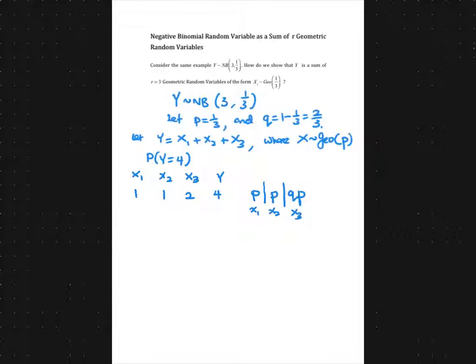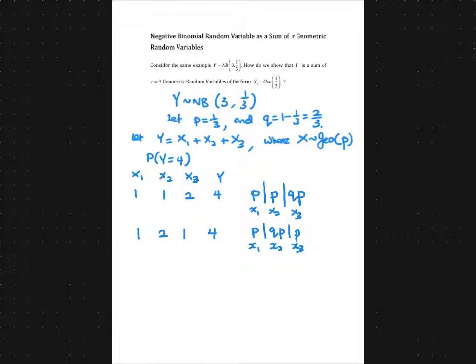We can have 1, 2, 1, which also equals 4. So you could have a success in the first attempt, then a success in the second attempt, followed by a success in the first attempt. So again you have a sum of 3 geometric, arranged in consecutive order, and this gives us Y equals 4 as well.